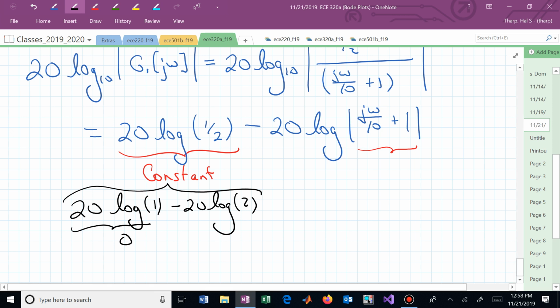There'll probably be calculators allowed, but I don't want to do log of 2 on my calculator. I want to know that, or just be able to refer and say, oh, that's 0.3. If you feel comfortable plugging it into your calculator, that's fine.